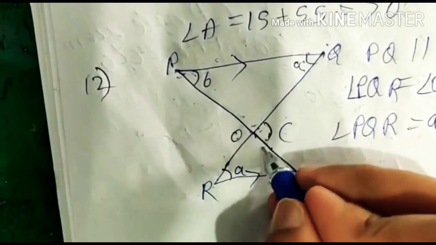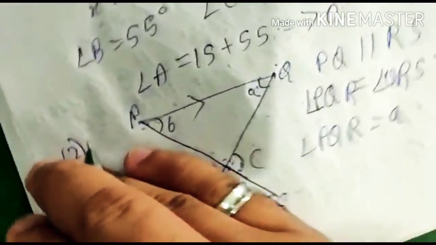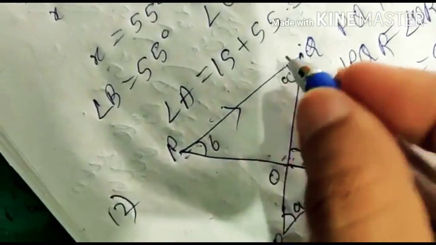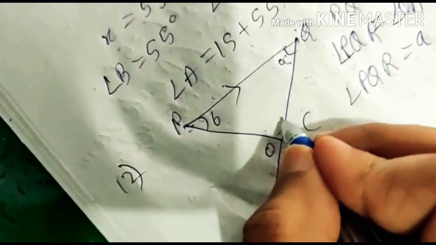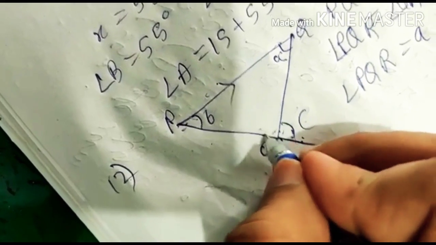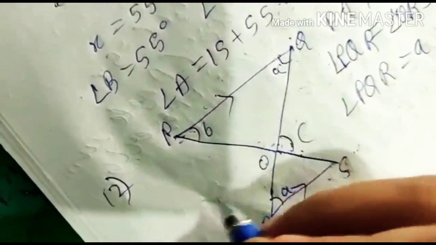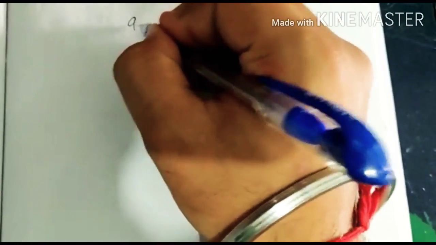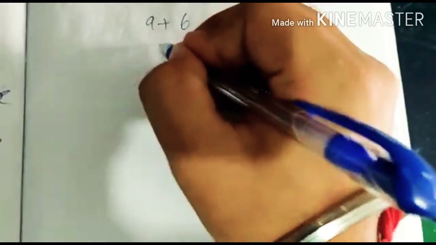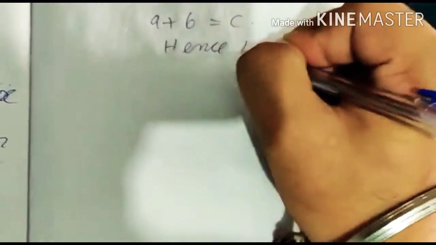The exterior angle is always equal to the sum of the interior opposite angles. These are the interior opposite angles for angle C. So excluding the adjacent interior angle, these two are the interior opposite angles. Angle OPQ here is B, and this is A, and this is C. So A plus B is equal to C, hence proved.